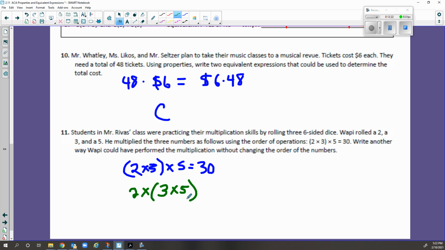Because think about it, we'll do 3 times 5 first, and we'll get 15 times 2. That's both going to equal 30. Just another way to show it. And guys, that one is the associative property, because we're just regrouping, and it still gives us the same answer for addition and multiplication.